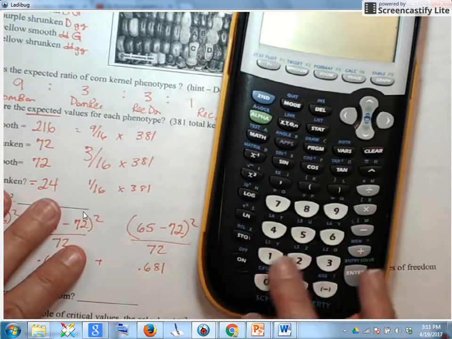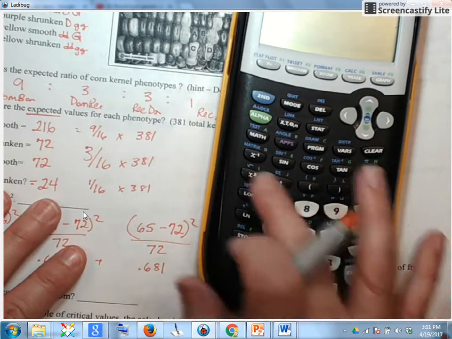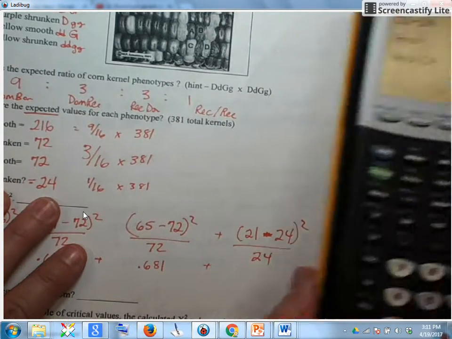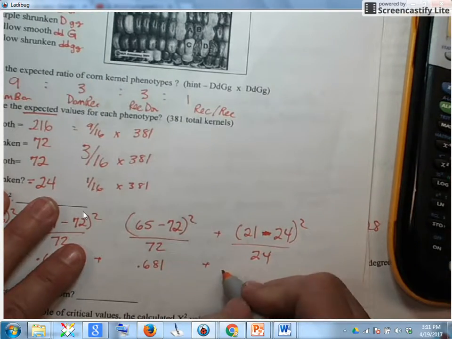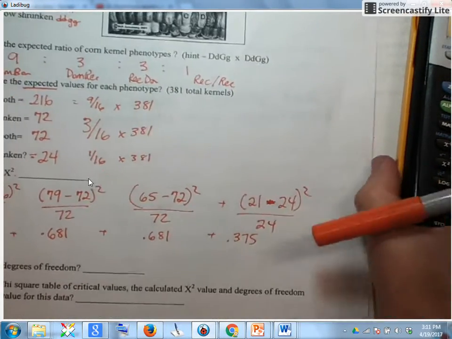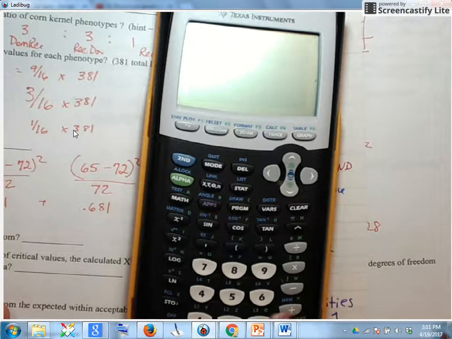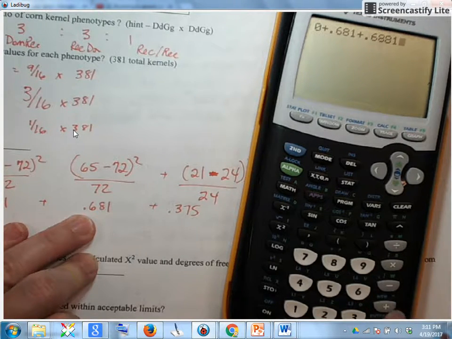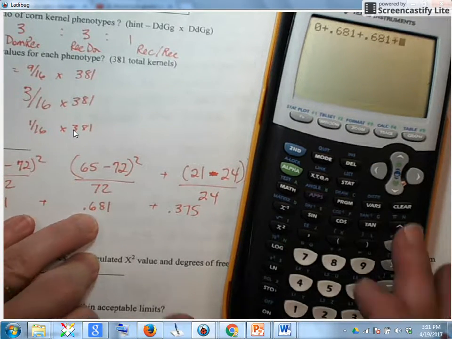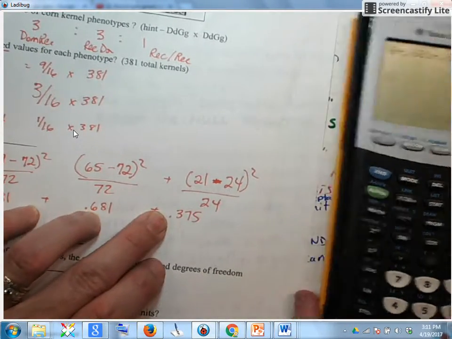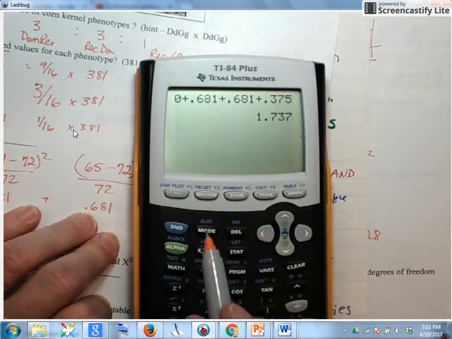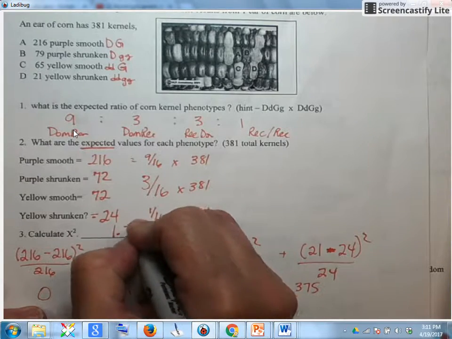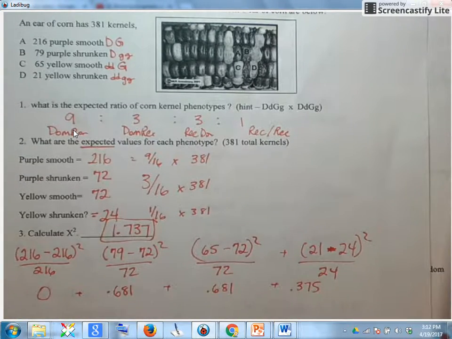So, 21 minus 24, squared, divided by 24, gives me 0.375, so plus 0.375. So, 0 plus 0.681 plus 0.681 plus 0.375 is, so our chi-square value is 1.737. Chi-square, 1.737.